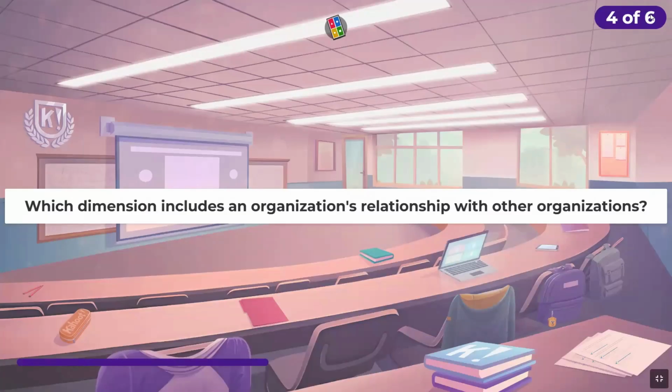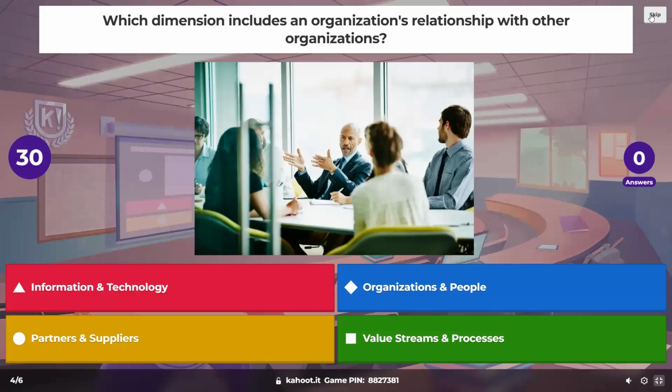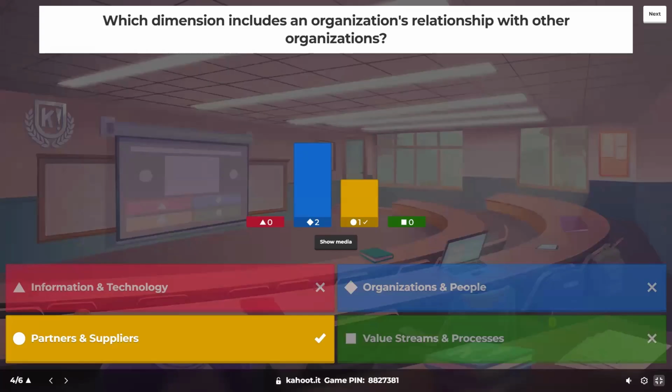Which dimension includes an organization's relationship with other organizations? So partners and suppliers. Well done.